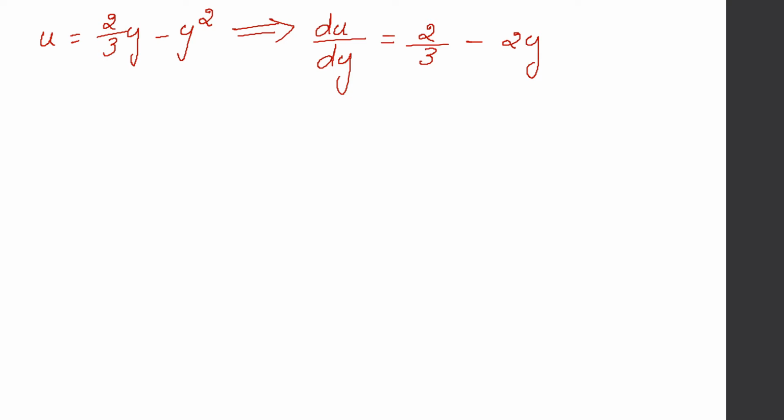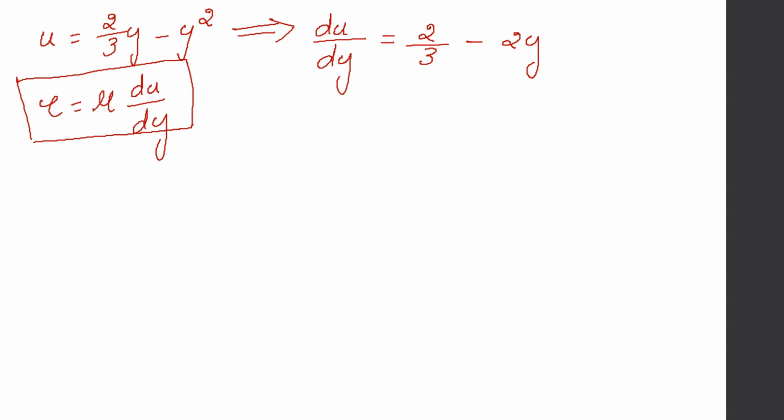Now we know Newton's law of viscosity is tau is equal to mu into du by dy. We will apply this. Our question is to find the shear stress, tau, at y is equal to 0 and at y is equal to 0.15 meter.